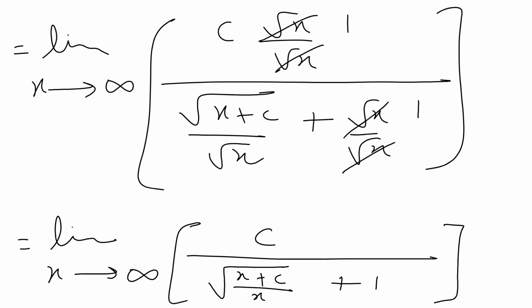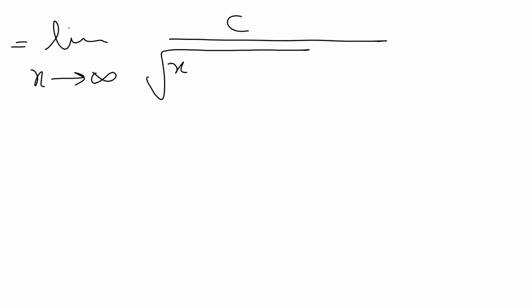Now we are approaching the final part of the problem. Can you tell me what to do with this pink colored part? Split the numerator, x plus c upon x. Split this. So c upon x, c upon x plus 1.